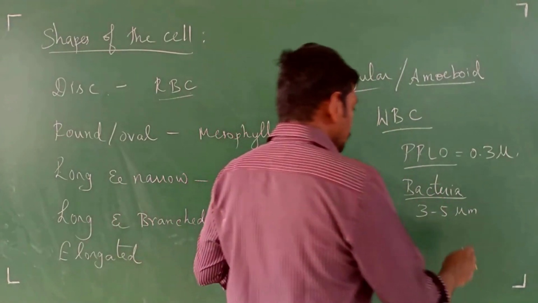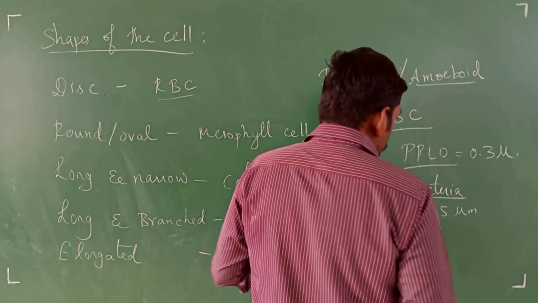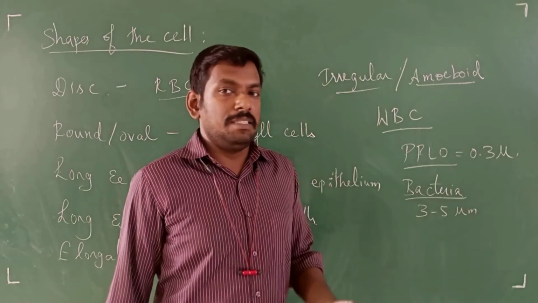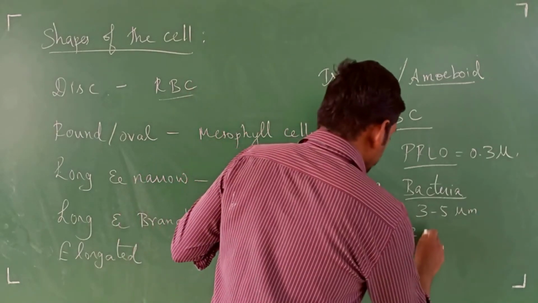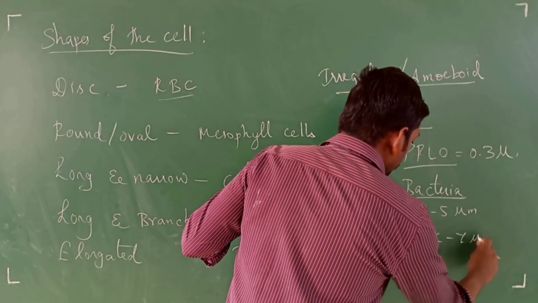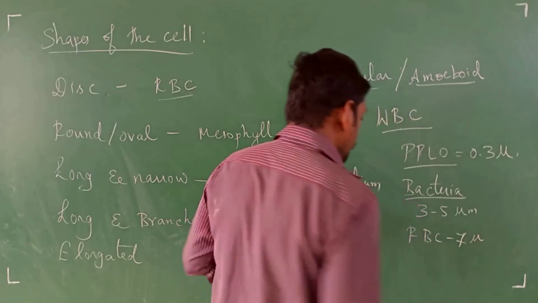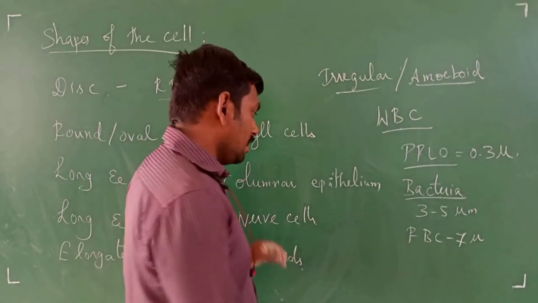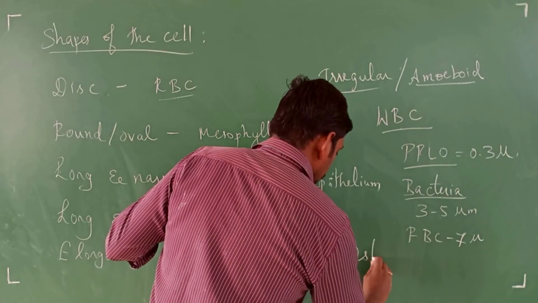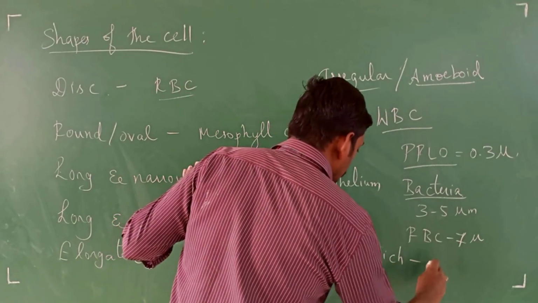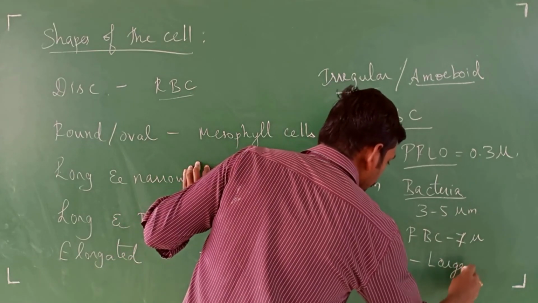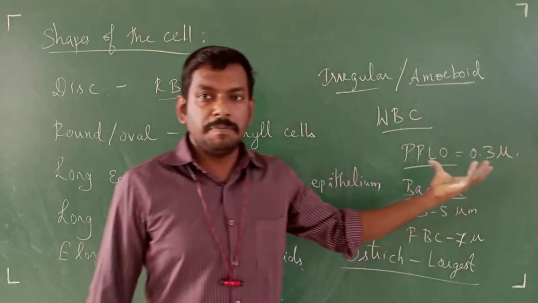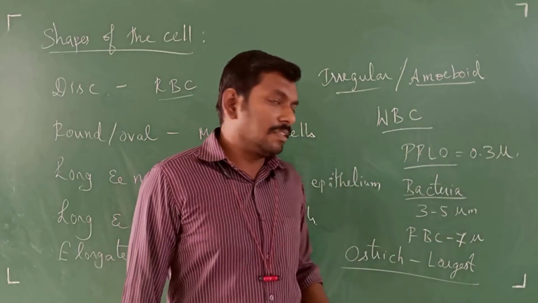Then the RBC is about 7 micrometer in size. The smallest cell is the pleuropneumonia-like organism, PPLO, and then you will be having the ostrich, which is the largest cell.